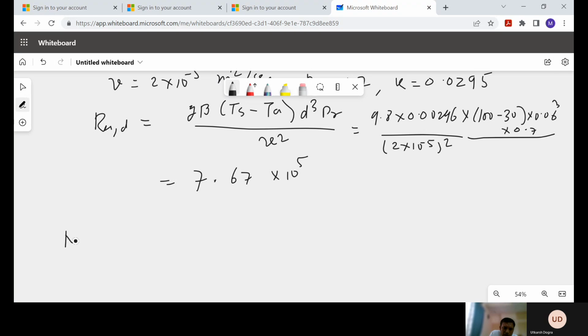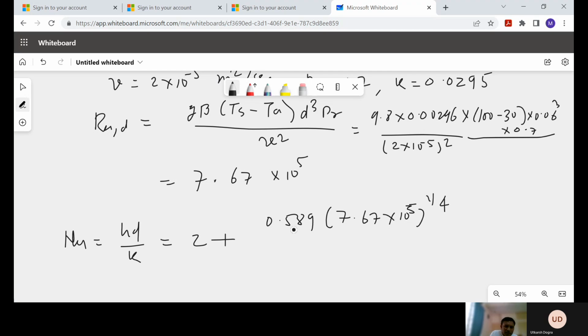So for Nusselt number, we can use the correlation. Nusselt number, hD by k, is given as 2 plus 0.589 Rayleigh number raised to the power 1/4, that is 7.67 into 10 raised to power 5 raised to the power 1/4, divided by 1 plus 0.469 divided by Prandtl number, which is 0.7, and this entire thing raised to the power 9/16, and this bracket is raised to the power 4/9.